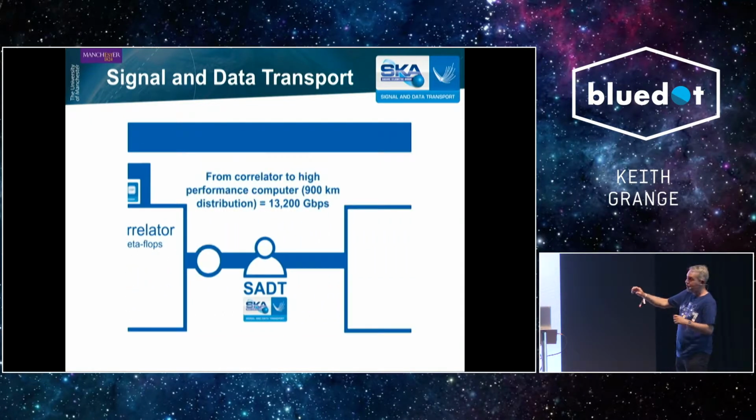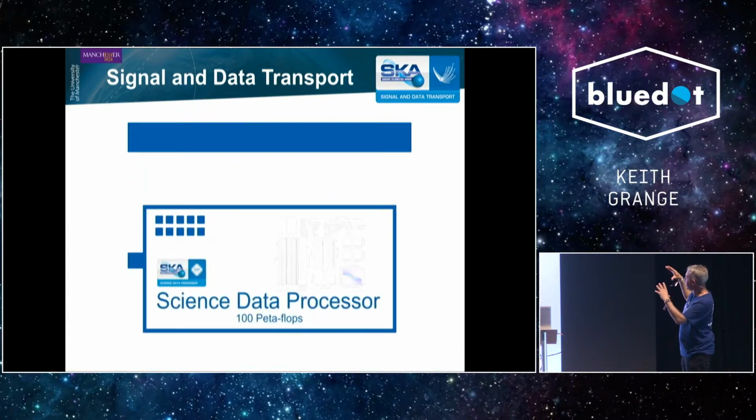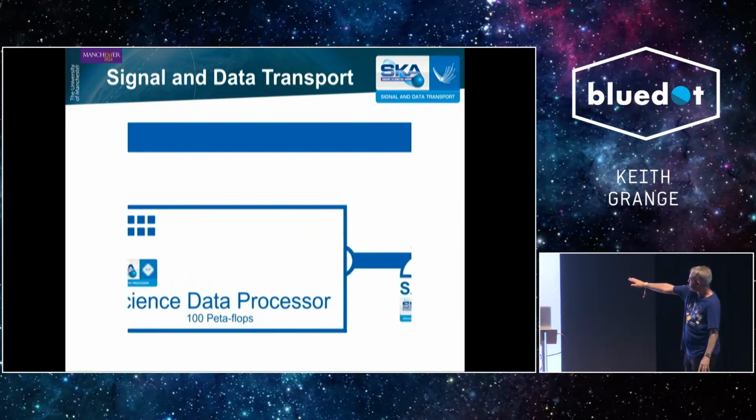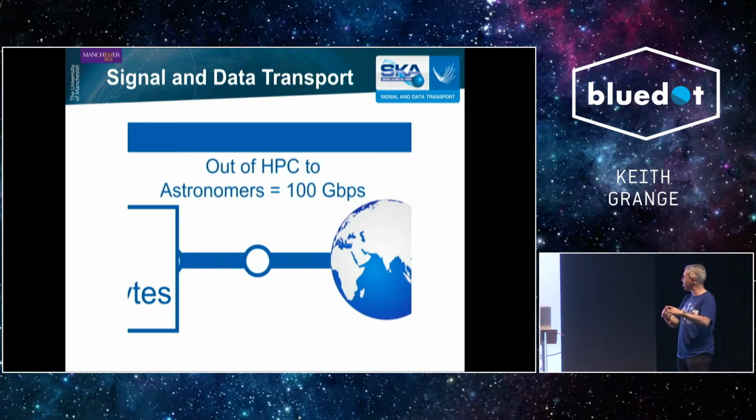We then take another 20% of an internet and take it about 900 kilometers out of the desert towards Perth and Cape Town. There's a supercomputer which produces lots of interesting science products, and we have about a petabyte per day of data being produced by this.